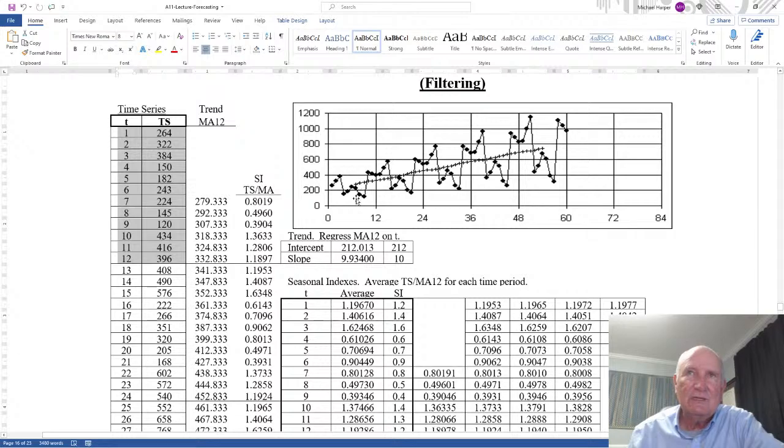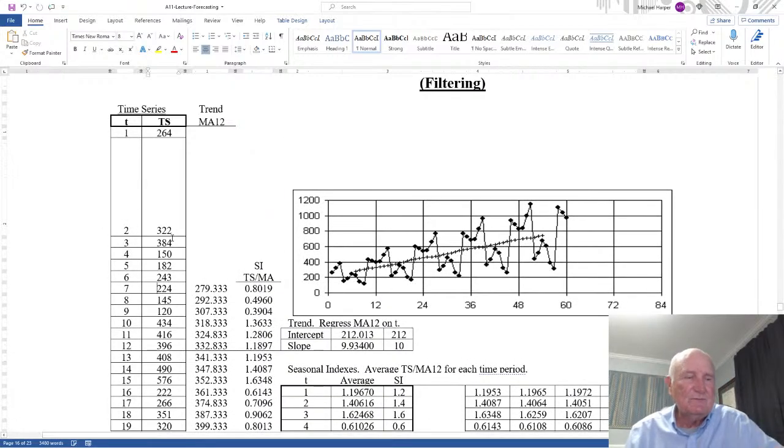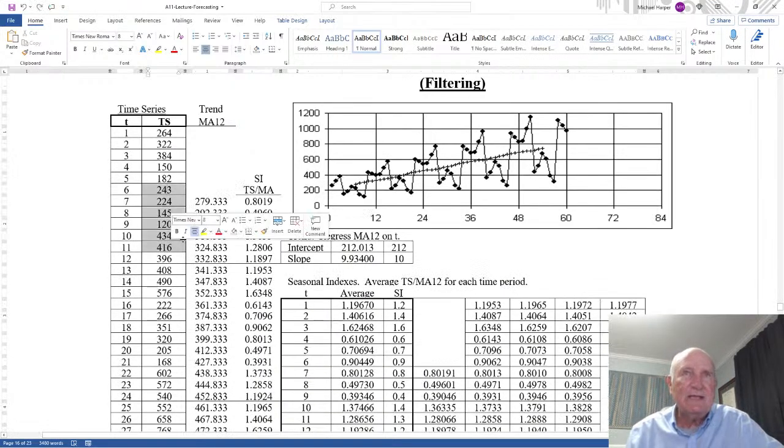Here's 12 months. Here's the first year, second year, third year, fourth year, fifth year. You can see the pattern is pretty much the same. Looks like a W, W, W, W. Anyway, so I filter it out. And so this has seasonality. This does not have seasonality.